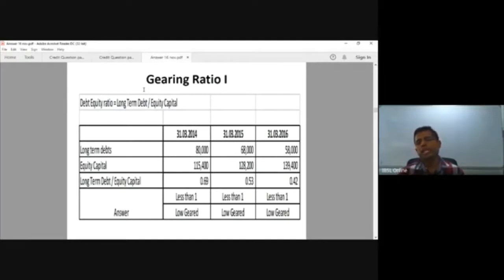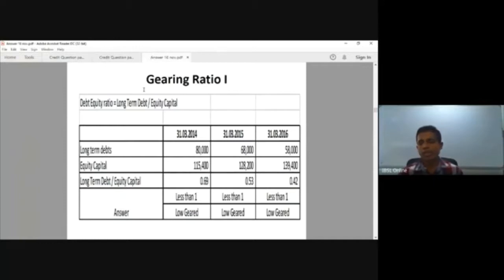If it is less than 1, then you say low-geared company. If it is more than 1, then you say high-geared company. Your equity capital is more than the debt capital. That's how you interpret. In all three cases, your equity capital is more than the debt capital. Therefore, this company is a low-geared company.